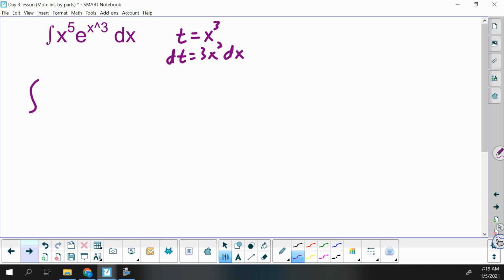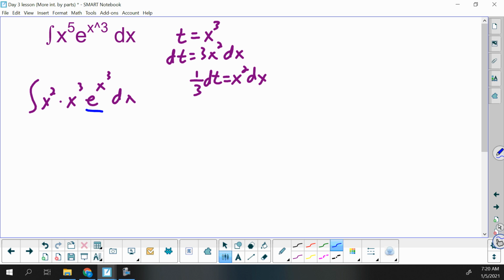Well, this original integral, we could really write it as x squared times e to the x cubed dx. Well, if we multiply both sides by a third, dt would just be equal to x squared dx. So we can actually do a change of variable, a substitution, in this case a t substitution, and that might make it a little bit more manageable.